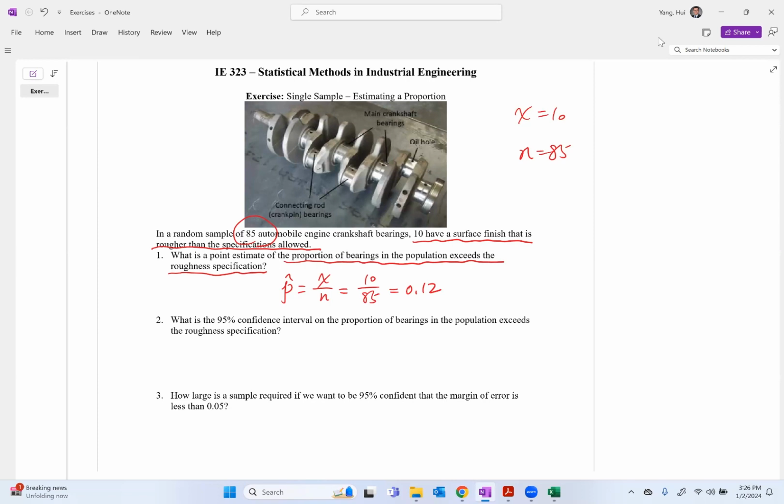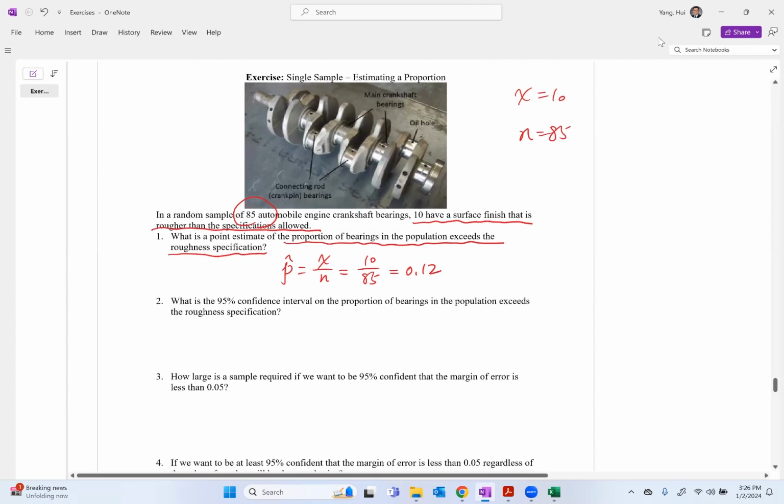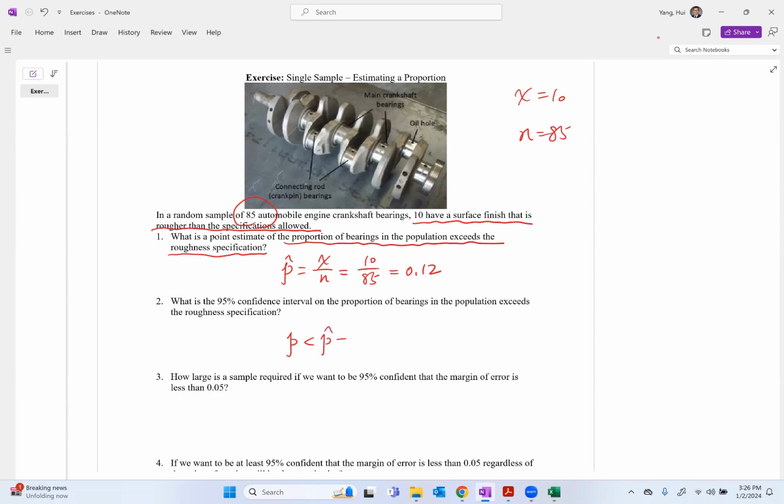And the second problem is, what is the 95% confidence interval on the proportion of bearings in the population that exceed the roughness specifications? Based on the discussion in the class, we know the confidence interval equation on the population P: P is less than P hat plus Z alpha over 2.